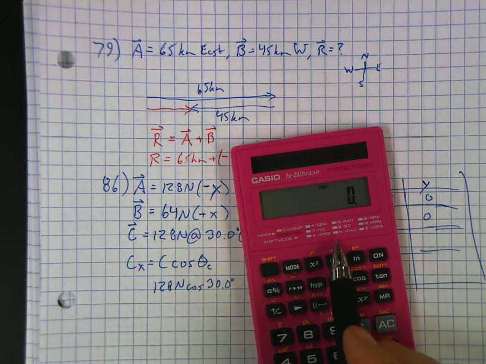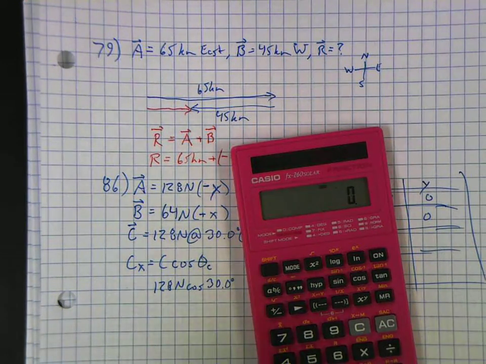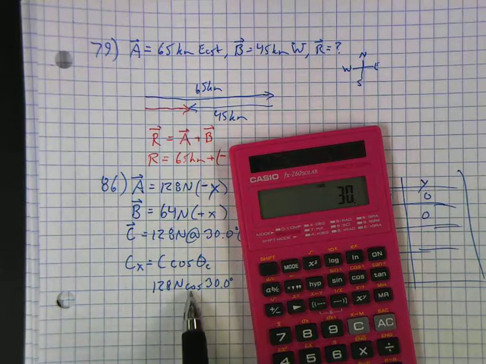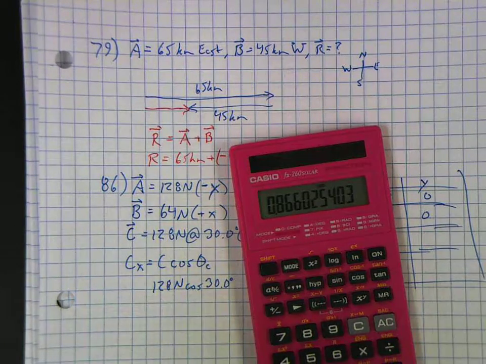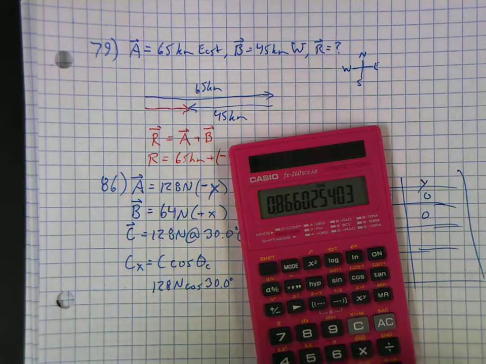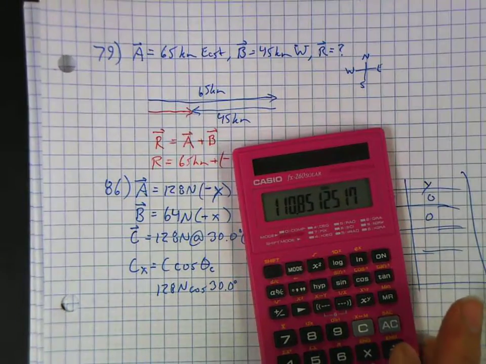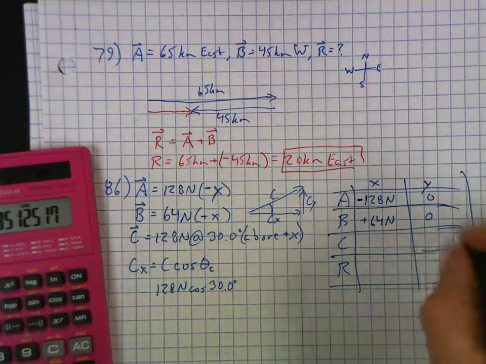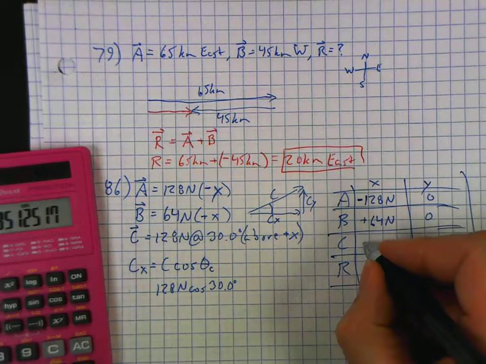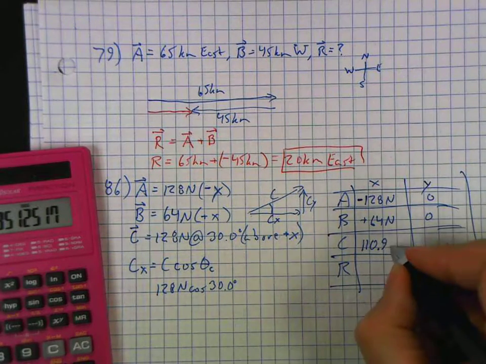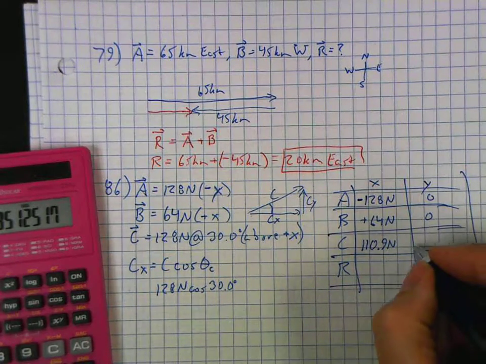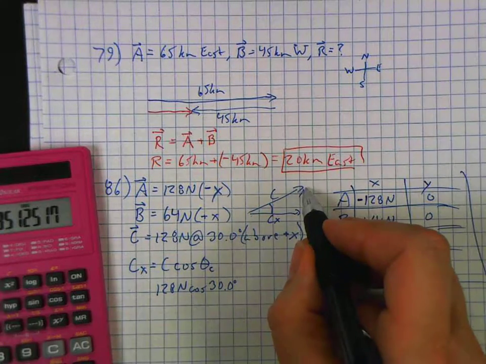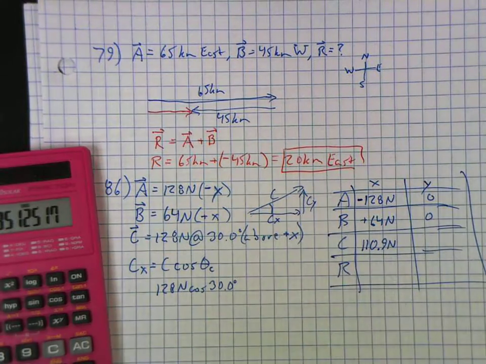Again, with these pink calculators, you kind of go in reverse. 30 is the value going into my cosine function, and then I can multiply that by 128. So we get 110.9 for my x-axis, 110.9 newtons, and that is in the positive x direction, so it's going to be positive.